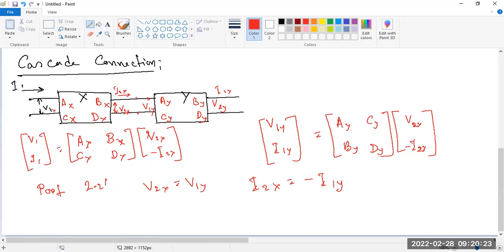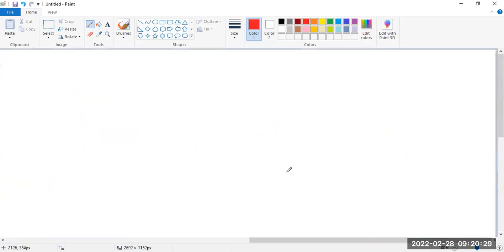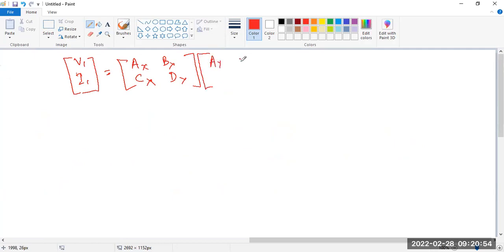If we combine these two matrices, the resultant matrix is V1, I1 equal to the matrix AX, BX, CX, DX multiplied by the matrix AY, BY, CY, DY, and then V2, minus I2.